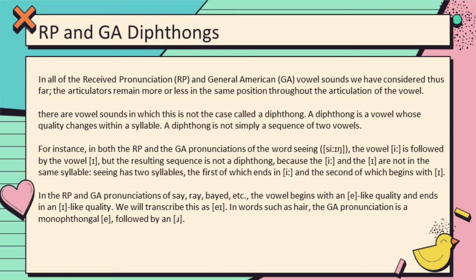In the RP and GA pronunciation of say, ray, bait, etc., the vowel begins with an E-like quality and ends with an I-like quality. We will transcribe this as eɪ. In words such as hair, the GA pronunciation is a monophthong, followed by an r.